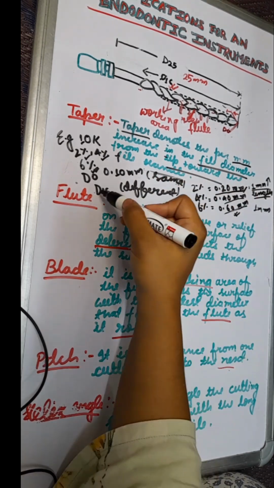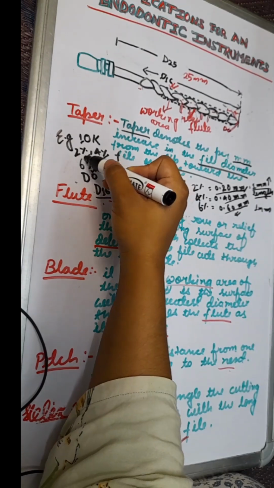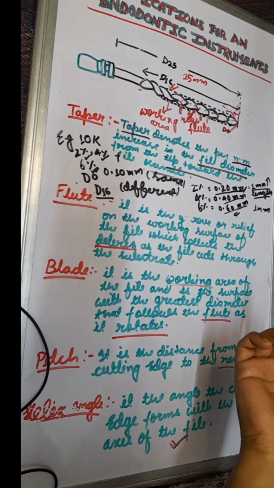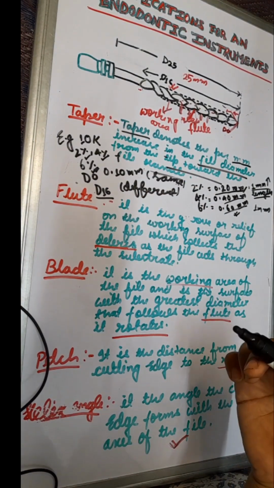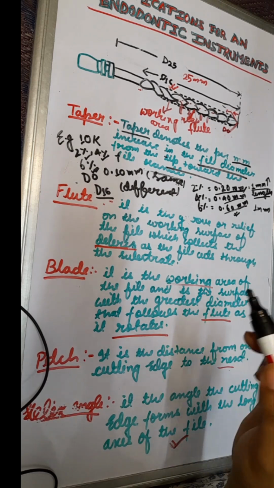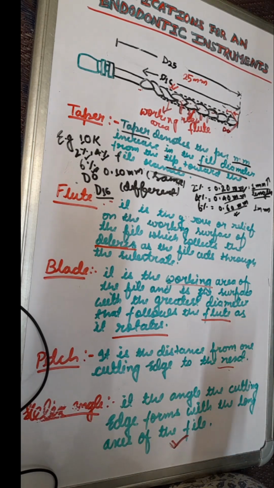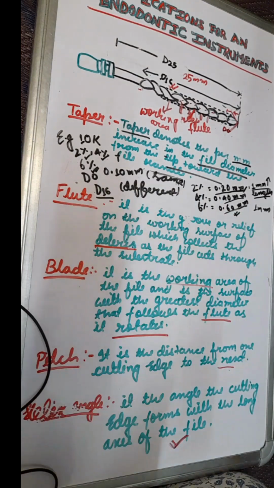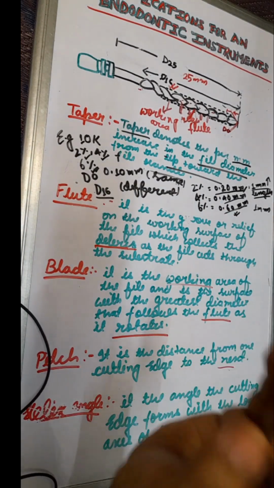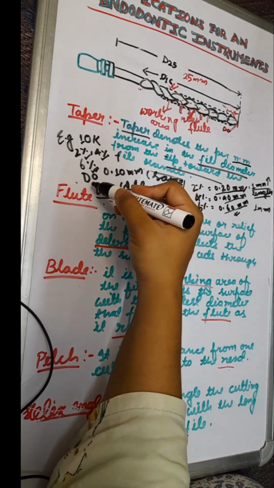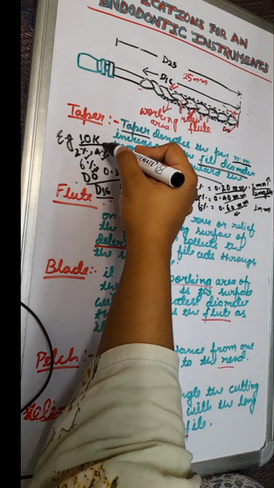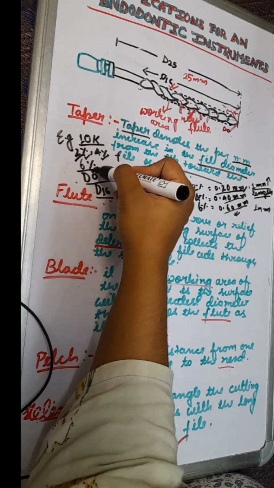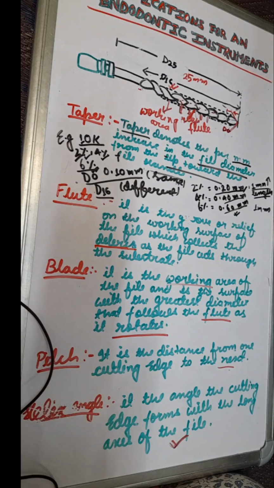D16 of the 2% taper would be different from the 4% taper, and the D16 of the 4% taper would be different from the 6% taper. So, the diameter would increase with the increase in tapering of the instrument. The tip diameter of the same instrument with either 2%, 4% or 6% would be same, and the diameter at D16 would be different for 2%, 4% and 6% taper.